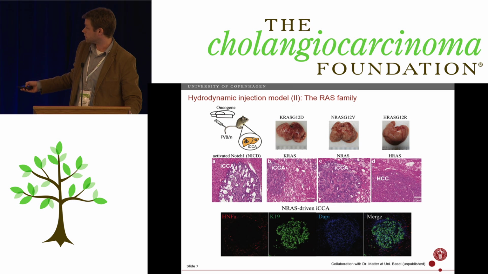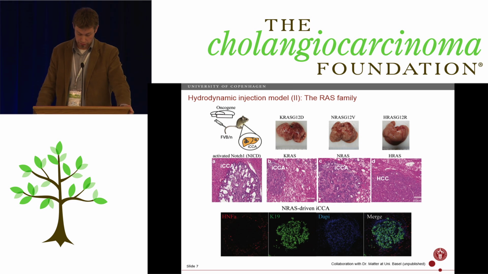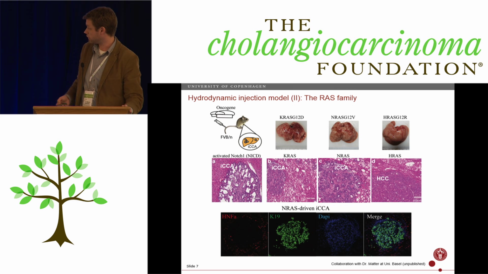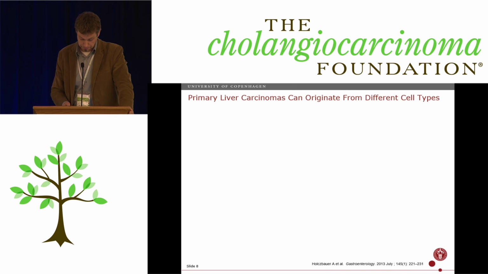It's a mixed type, both hepatocellular carcinoma and cholangiocarcinoma, and HRAS mainly, or around 100%, actually gives hepatocellular carcinoma. And down here you can see the double stain with the K19 indicating the fact that this is intrahepatic cholangiocarcinoma. And I'll get back to this model a little later.